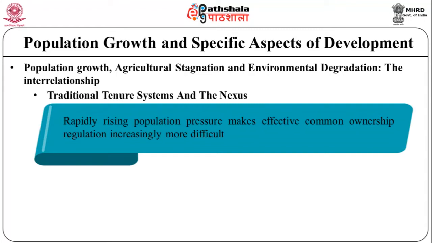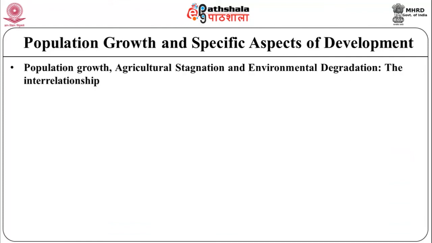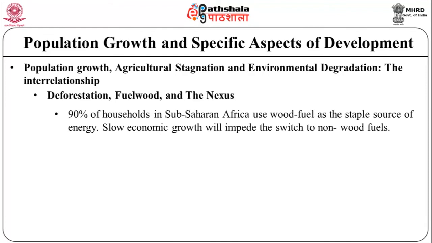Rapidly rising population pressure makes effective common ownership regulation increasingly difficult. Rapid population growth led to an erosion and breakdown in customary laws and rules governing sustainable use and management of land and other common property resources. Now let us look into deforestation, fuelwood, and the nexus. 90% of households in sub-Saharan Africa use wood fuel as the staple source of energy.